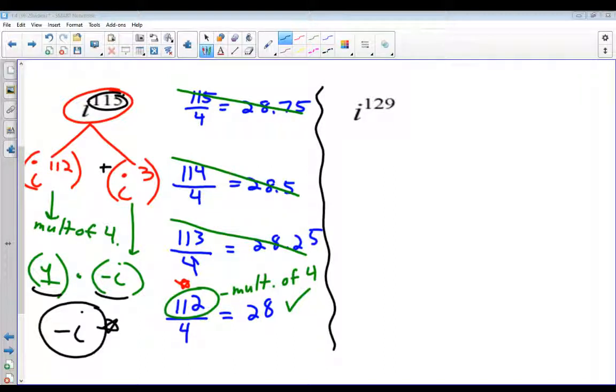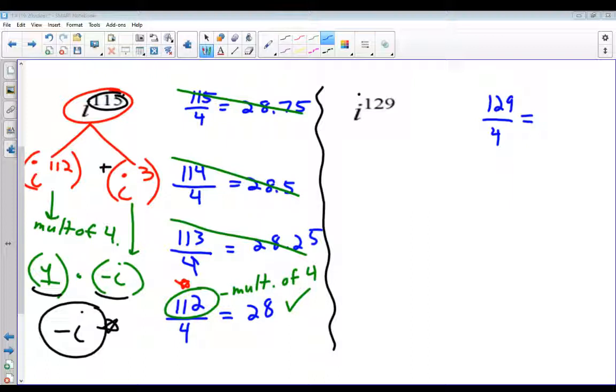So that would be my recommendation for taking care of those problems when the power is a really big power like 115. Let's try it again with the final example where you have i to the power of 129. Again, you could count the i1 if you want to until you get to 129. But if you'd rather find the quick route, let's first just take 129 and see if it's a multiple of 4.